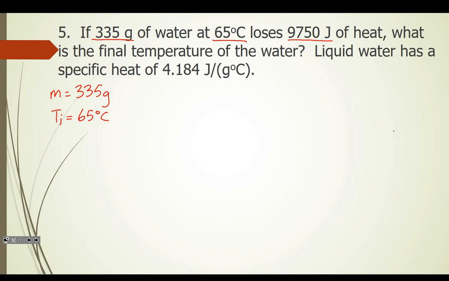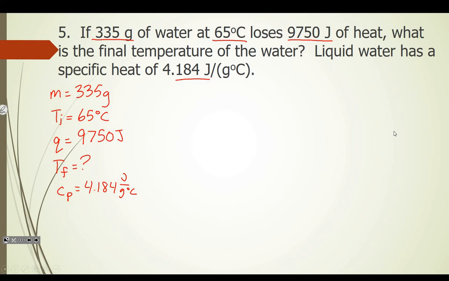Q. Good. So Q is 9750 joules. What is the final temperature? Ooh, TF is what I'm missing. Of the water. Liquid water has a specific heat of, and specific heat symbol was what? CP. 4.184 joules per gram degrees Celsius.